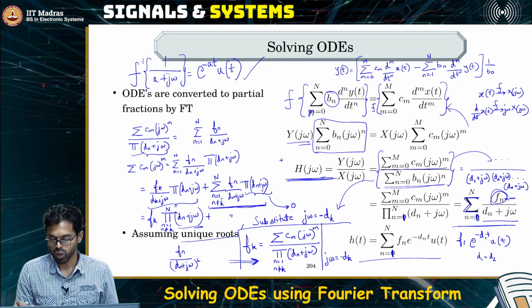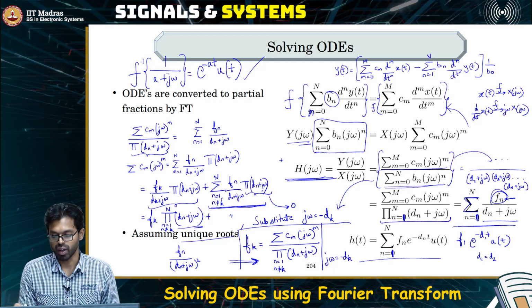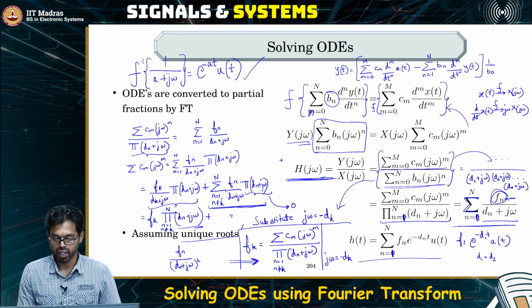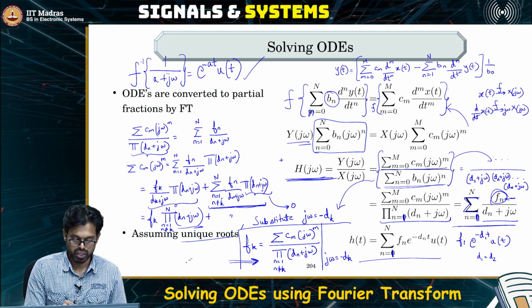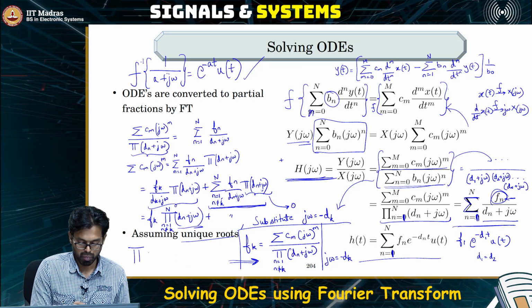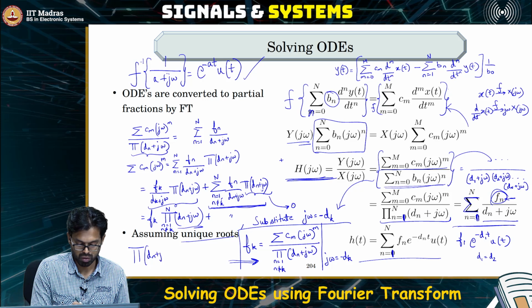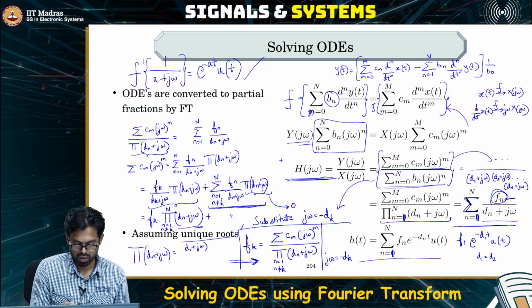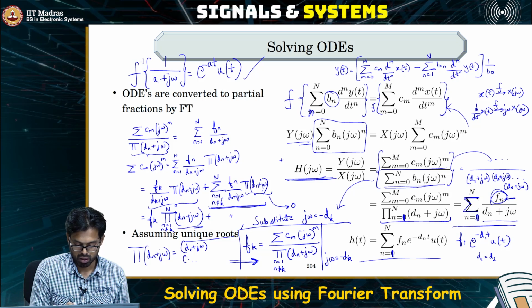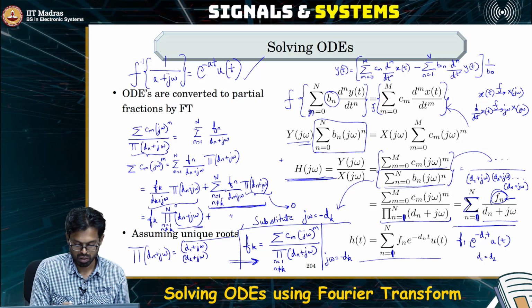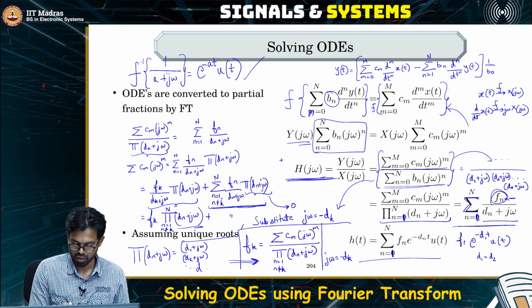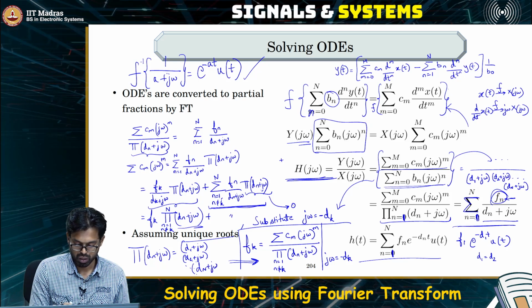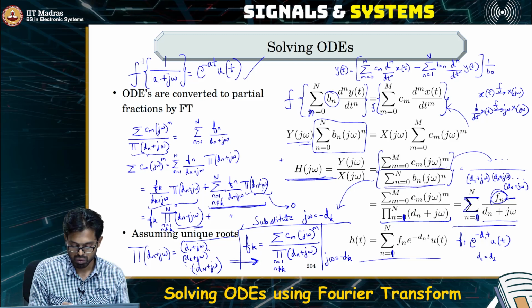Because of this, how would the factor look? That factor is now basically d1 plus j omega, d2 plus j omega, up until some dn plus j omega. If a particular root was repeated, then you just have a square here, right?